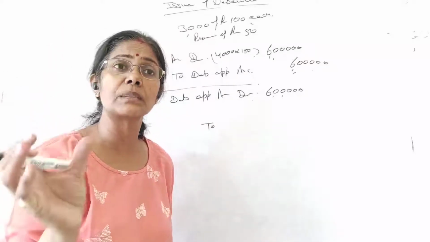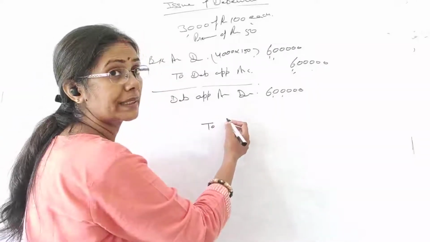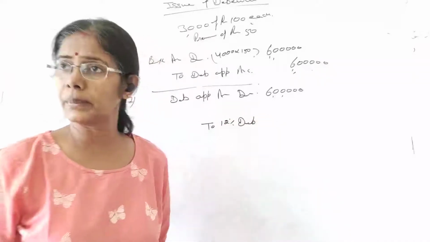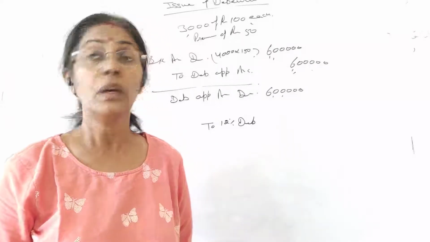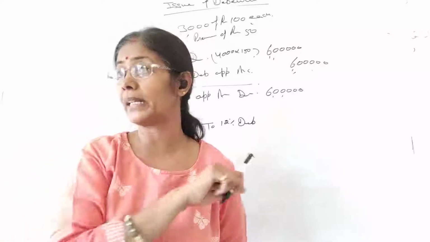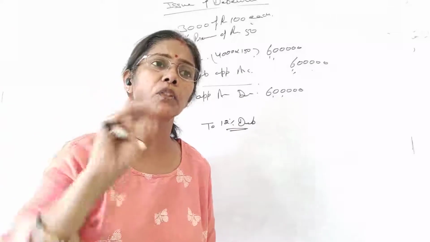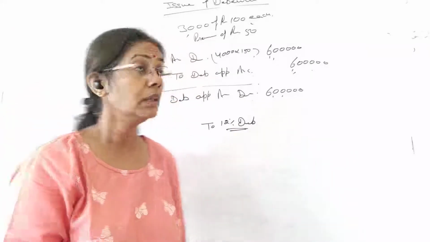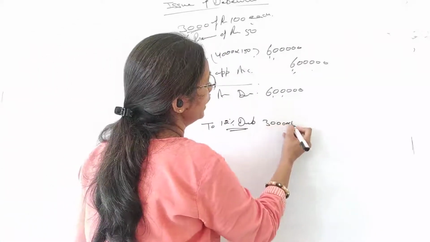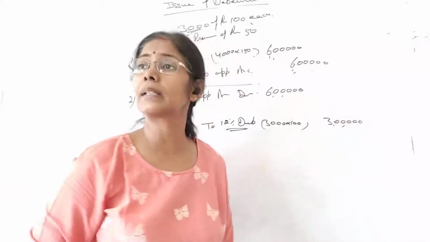Always, extra things must be entered later on. 12% debenture. What comes in the debenture? Face value. What is the face value? 100. Another important point: face value multiplied by the number of debentures which you have allotted. The number allotted is 3,000. So 3,000 into 100 comes to 3 lakh. Is that clear?